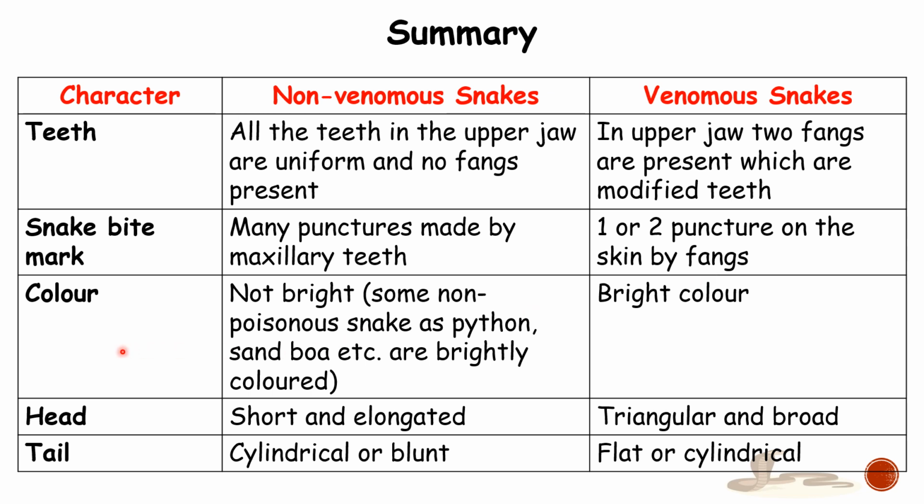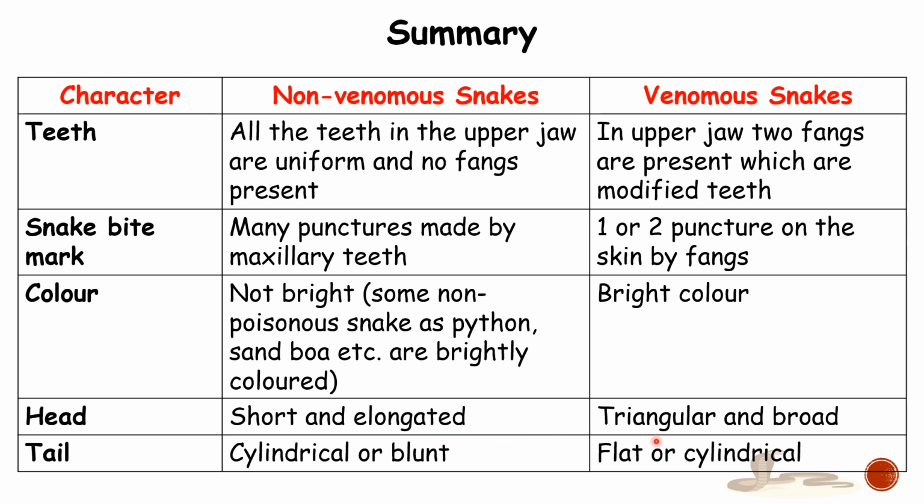Next, about color pattern, non-venomous snakes are not that bright, but we have some exceptions such as the non-poisonous snakes python and sand boa. They are brightly colored, but comparing to that, non-venomous snakes are generally not as bright as venomous snakes. In head shape, non-venomous snakes have a short and elongated head.